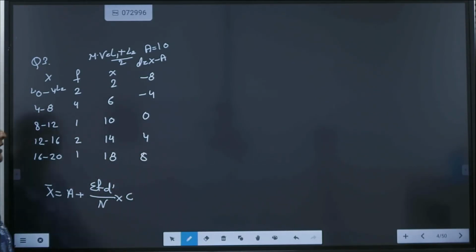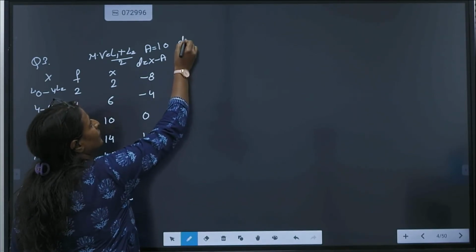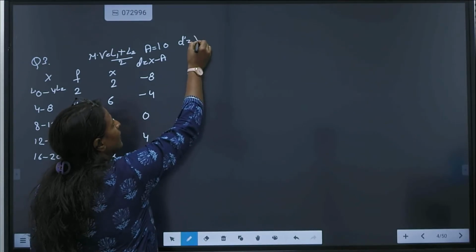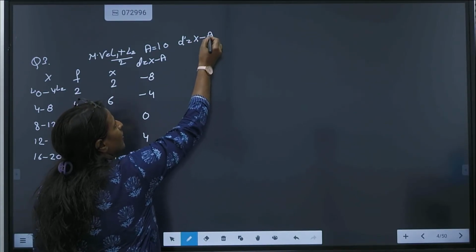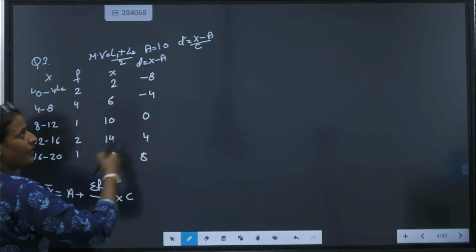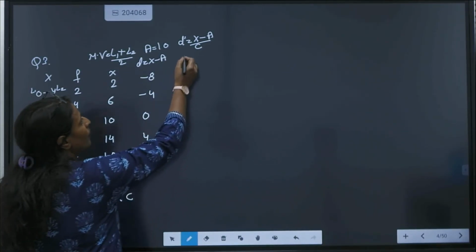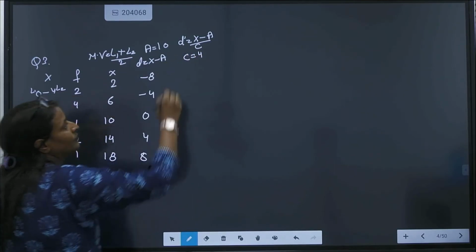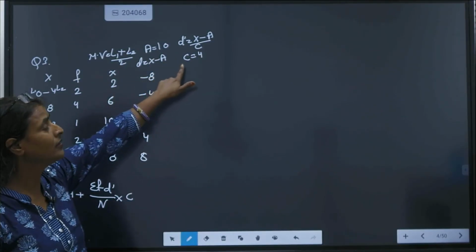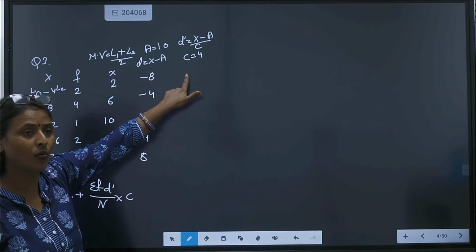Now we find out d dash. The formula of d dash is x minus a upon c. Here we take 4 as the common number. So we divide d by the common factor 4.